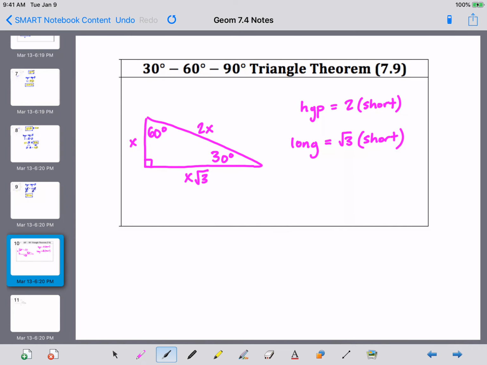All right, and when I'm talking about long, I'm just referring to that longer leg. For the short in this right triangle, I'm just referring to the shorter leg. All right, so just a FYI when you're using those formulas. So here again, we have 2 formulas because we have 2 different angle measures here. So let's practice using these.